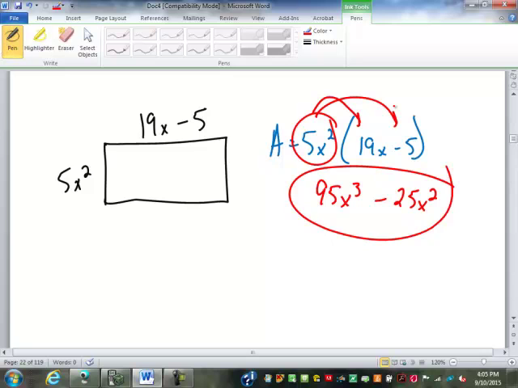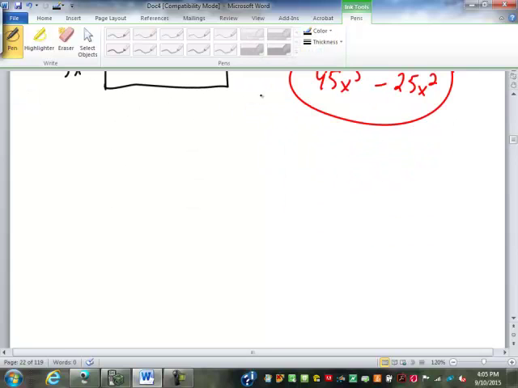Okay. Well, our next step, we're going to switch gears just a little bit, and we're going to talk about factors. Factors are numbers that divide into another number.